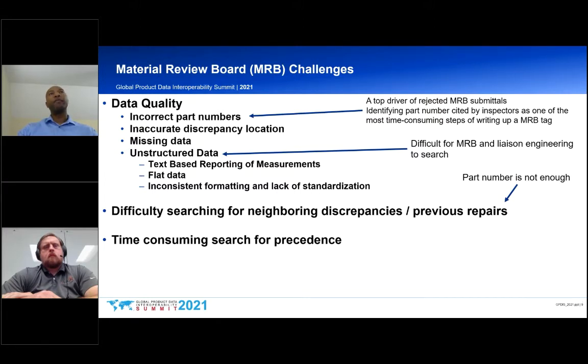And that may help them for solving that one MRB, but it does not help when you're looking to do general analysis in the future. So missing data, unstructured data, these are all things that make the MRB process take much longer than it typically could.